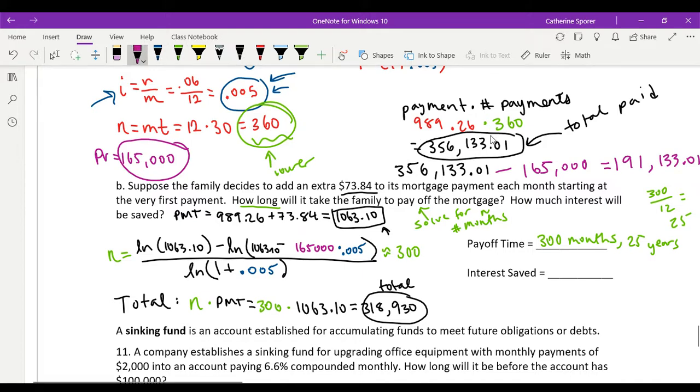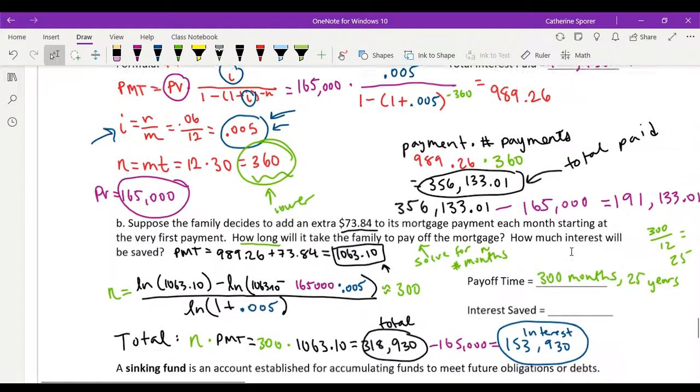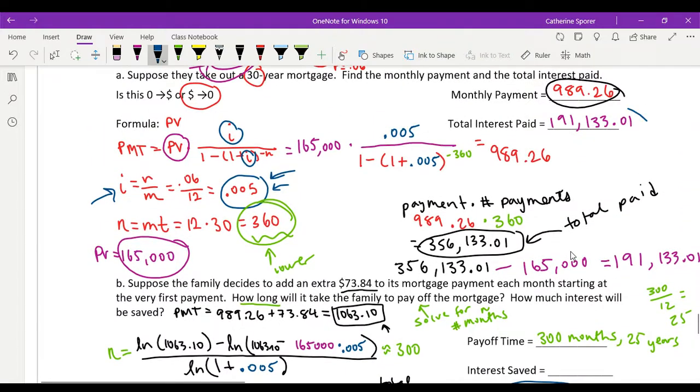Now from that total, we're going to subtract the principal, which was $165,000, and that would give us $153,930, and that number is the total interest paid. So what we're asking for the interest saved is what's the difference between that $153,930 and the total interest paid previously.